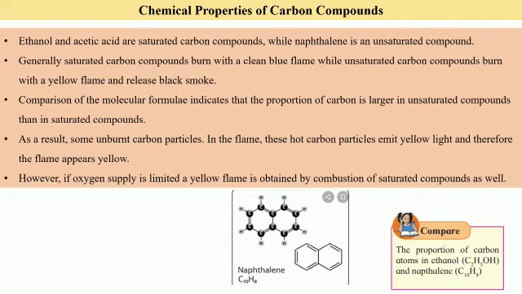Because naphthalene is an unsaturated carbon compound, it burns with black smoke, and this black smoke got deposited on the metal plate in the form of black soot. Soot is very, very fine particles of carbon. So this is what we come to know from this particular activity.